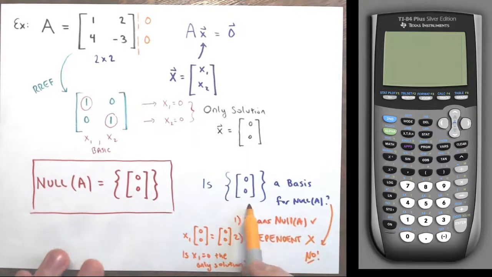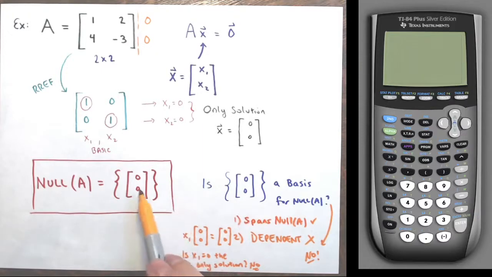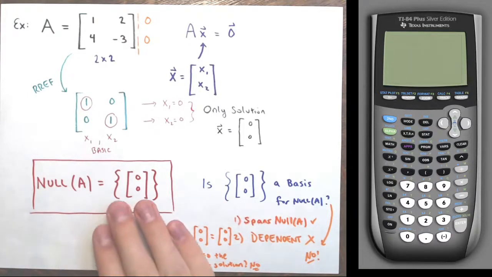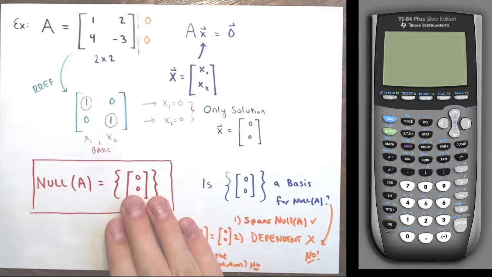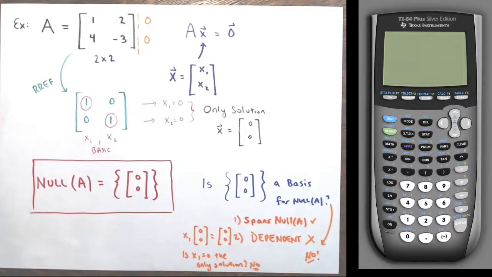So against your better judgment, you might think this must be the basis for this set, but it isn't. In fact, because this set of just the vector 0 0 is linearly dependent, the vector space with only the 0 vector in it has no basis, has an empty basis, is what they say.